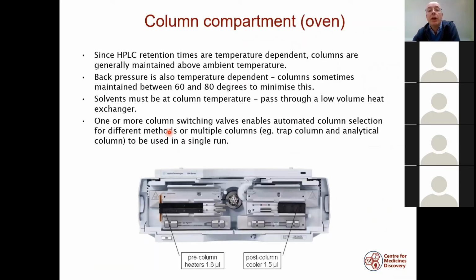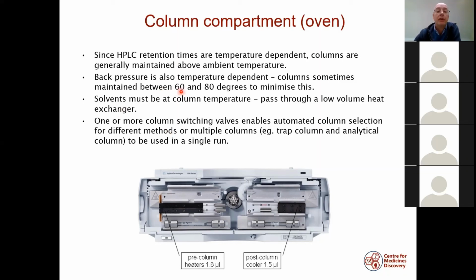Most HPLCs will have a column compartment, sometimes referred to as a column oven. This is because retention time can be very important in HPLC, and in order to replicate retention times, you have to have a reproducible temperature. So very often the temperature is just set at a few degrees above ambient so that it's reproducible.